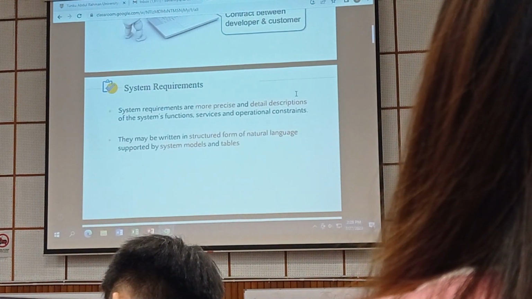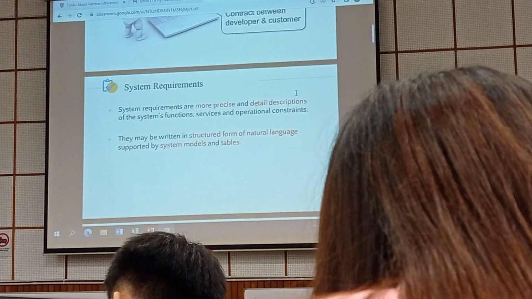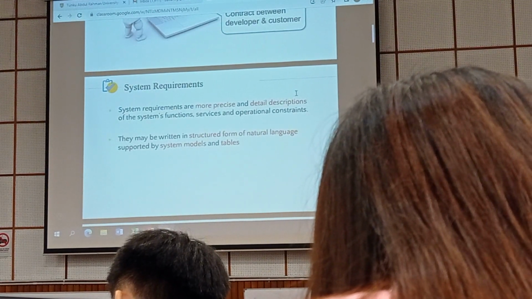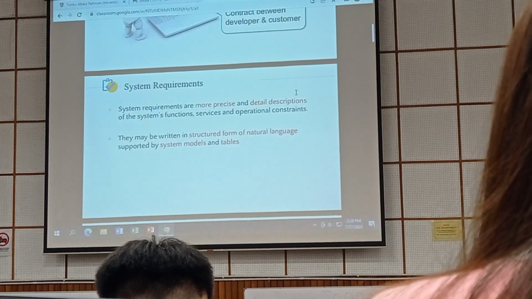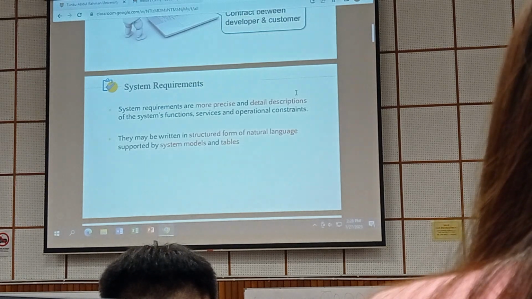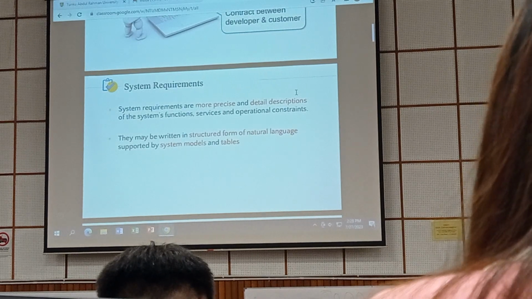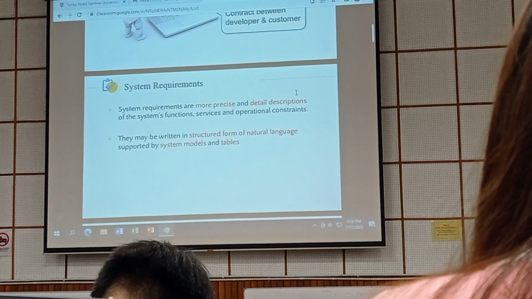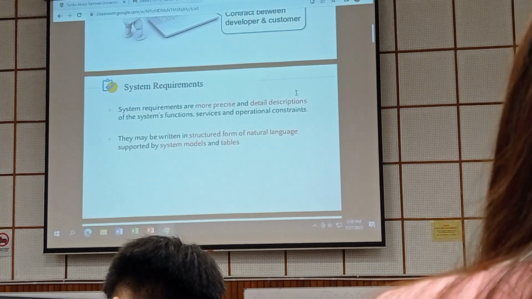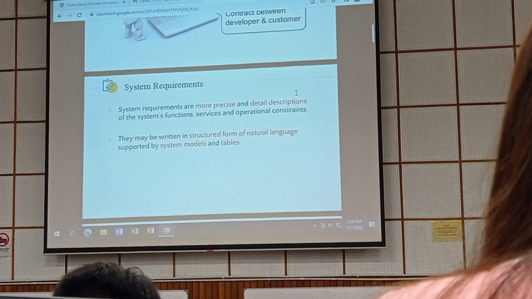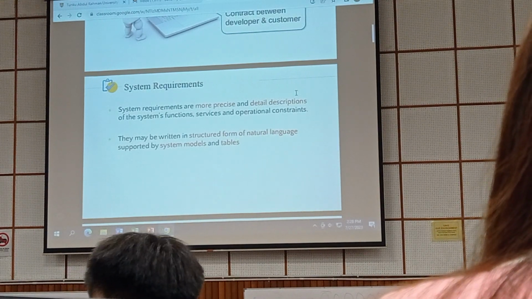For example, the template has the scope, where you explain, and then the function that you want to add. So you have the template here as your reference.